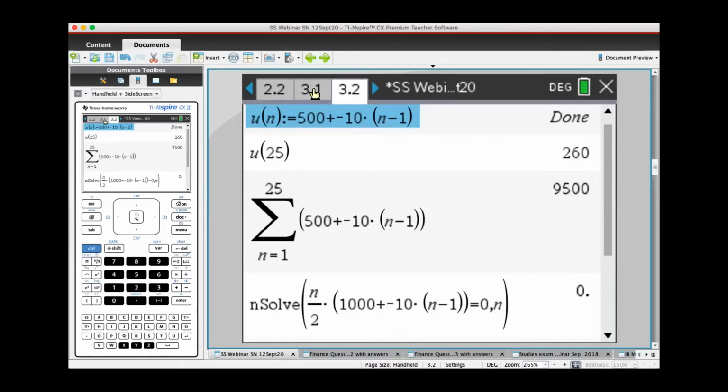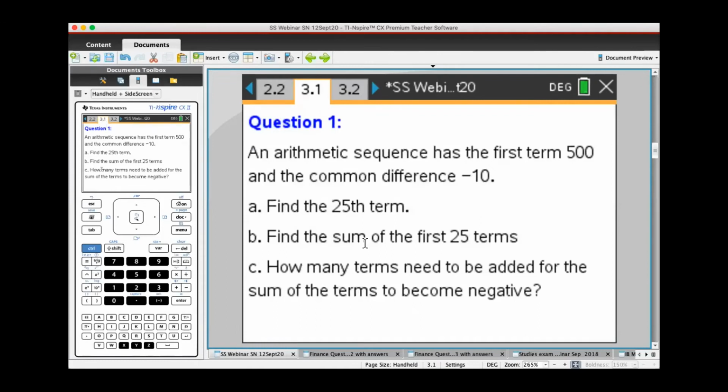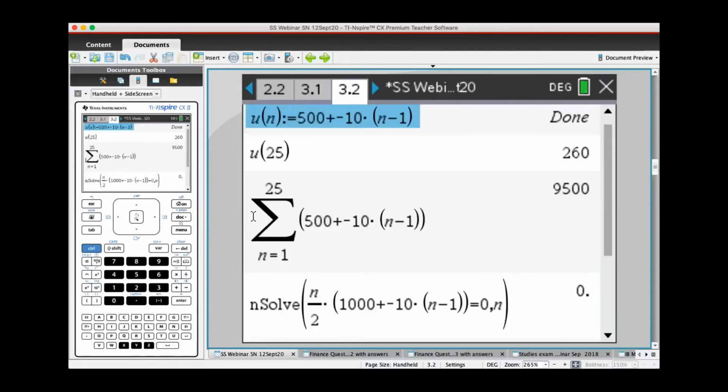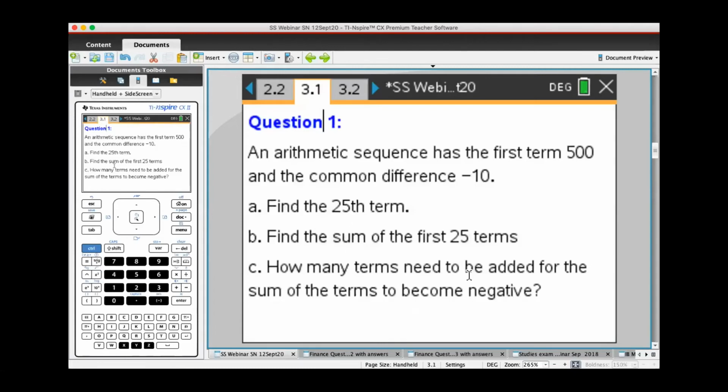If I want to find the sum of the first 25 terms, we have done this, and that is why I'm going to rush through this. There's so much to cover, right? And this is what I've shown you how to do in the earlier question, and that is how we find the sum. Now, we've also used Nsolve, but this is different.